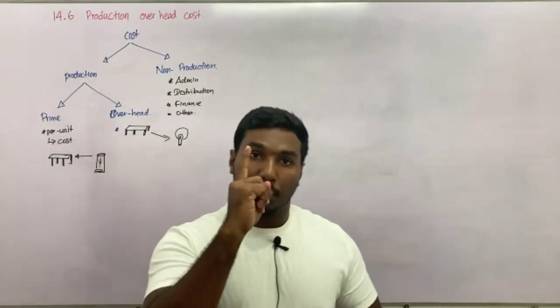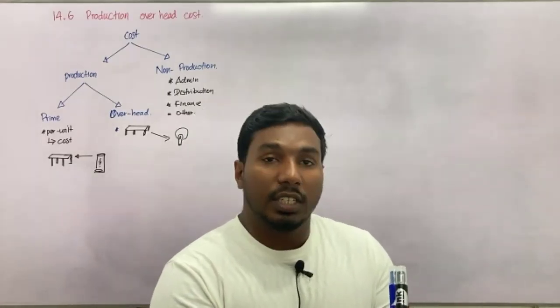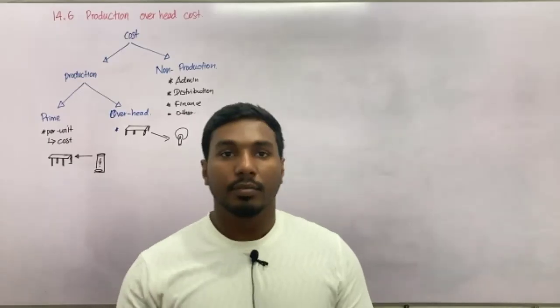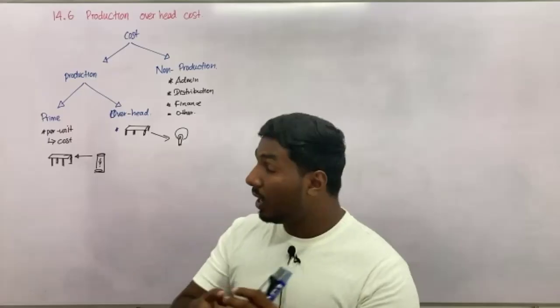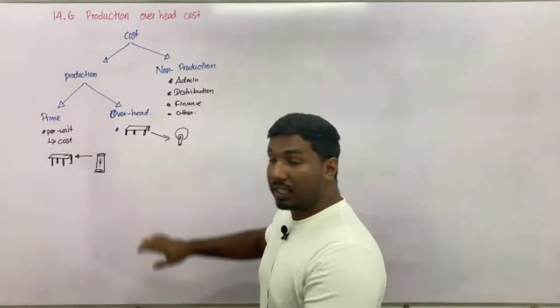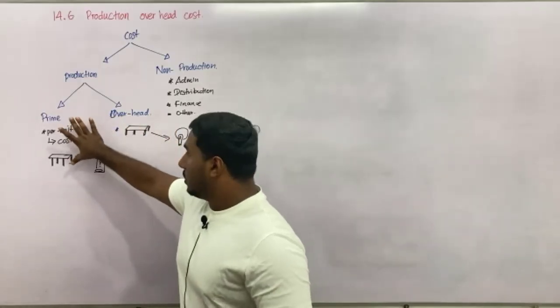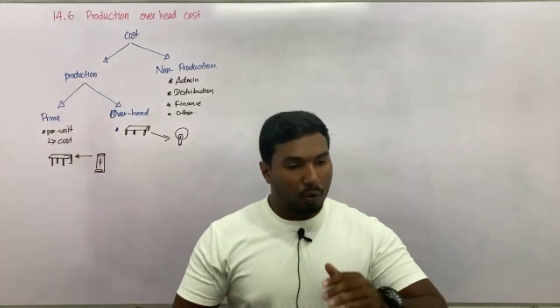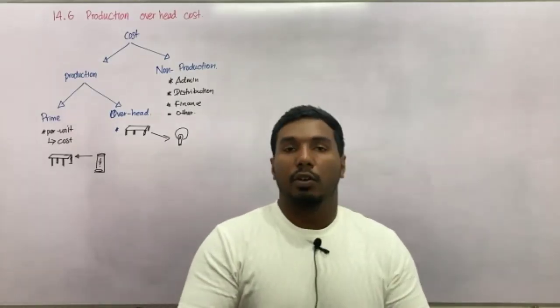In order to produce one table, you can't decide how much electricity is needed. So that's the situation where overhead analysis comes in. In the prime cost we can easily identify the cost per unit, but in the overhead we cannot decide.